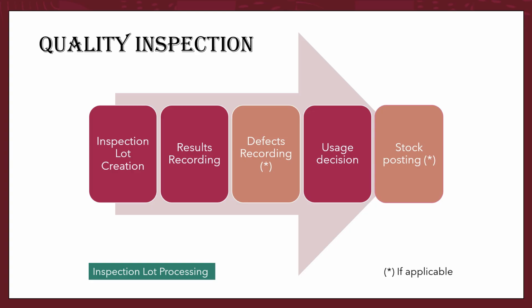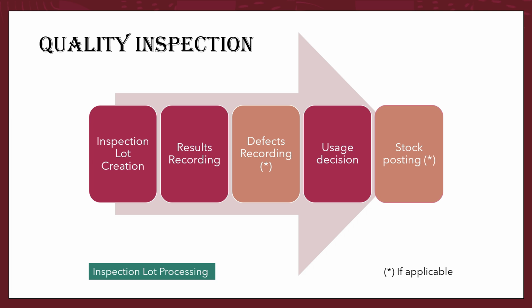Quality inspection is a series of processes that a user and the system will take in order to record the results from an inspection of a material, a service, or a process that's been inspected.